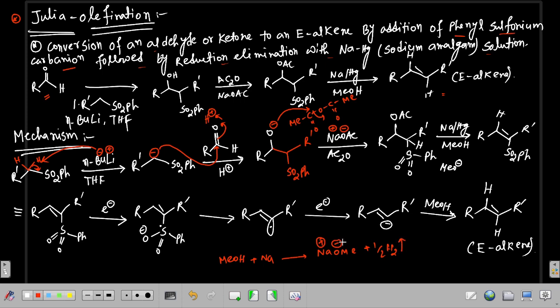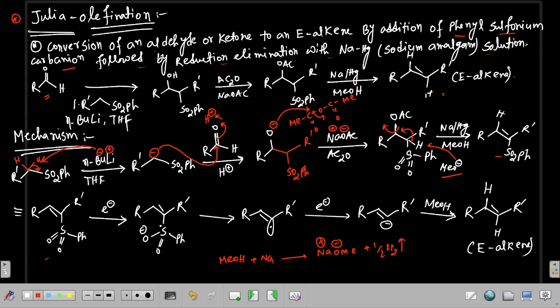So this methoxide will act as a base. It will abstract this proton, followed by this acetate leaving, so it will form an alkene. Now we can write this alkene like this.